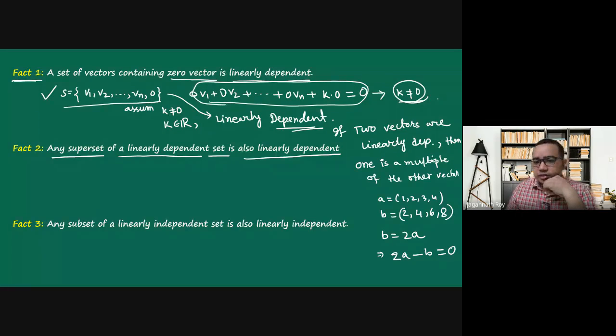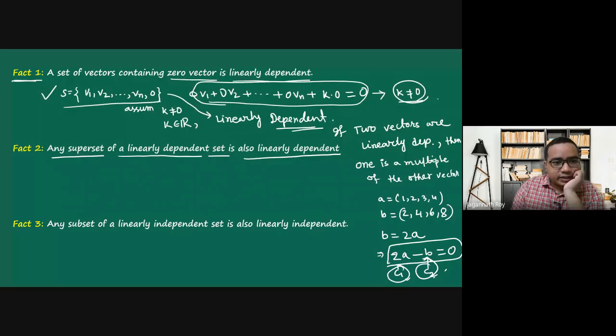If we solve it from here, C1 is 2 and C2 is minus 1. Since they are linearly dependent, we are getting coefficients that are non-zero. Here we see the two coefficients C1 and C2 are non-zero.